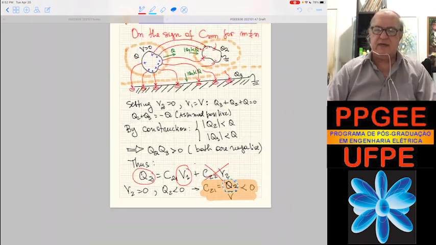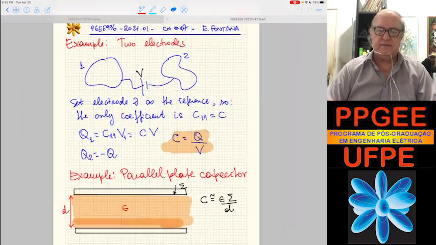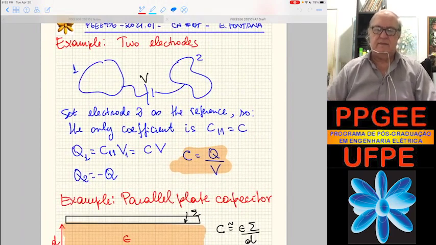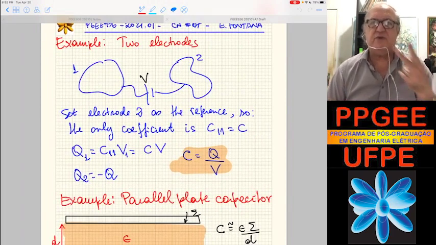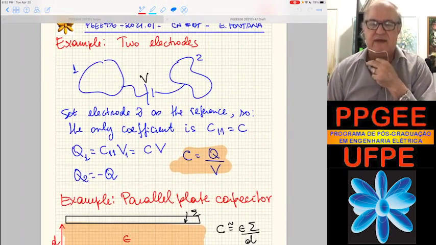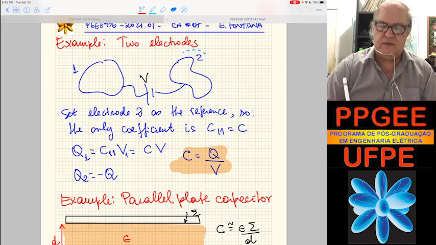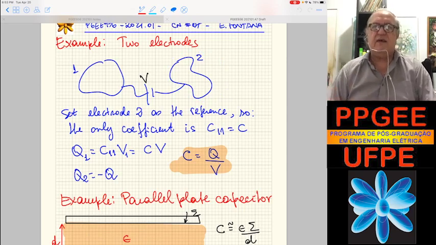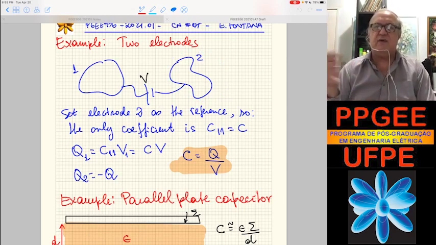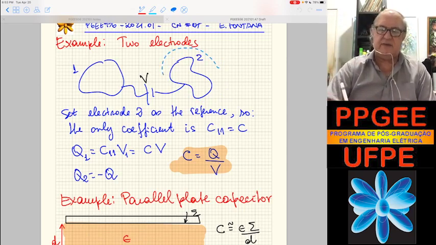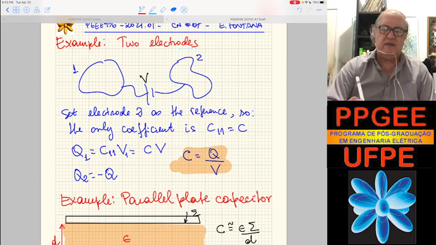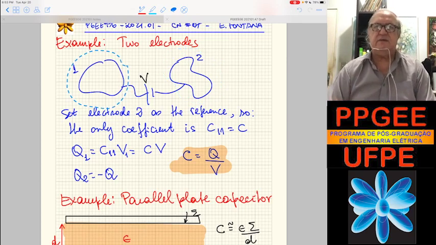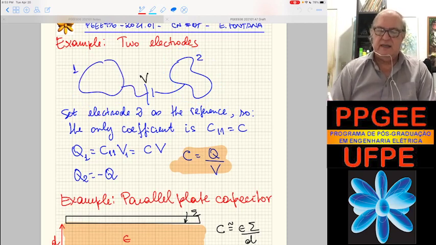For instance, let's look at two electrodes. When I have two electrodes, one of them is the reference. Let's say electrode 2 is the reference electrode, right? So I don't have to worry about C12. There's no mutual coupling here because we're talking about only a reference electrode and the other one, a simple capacitor.